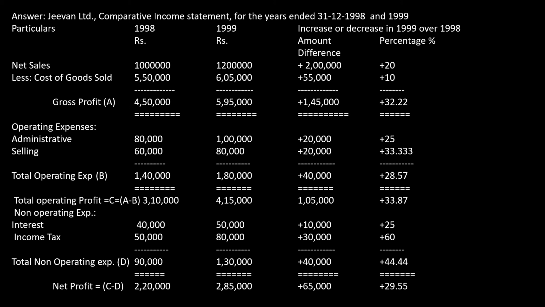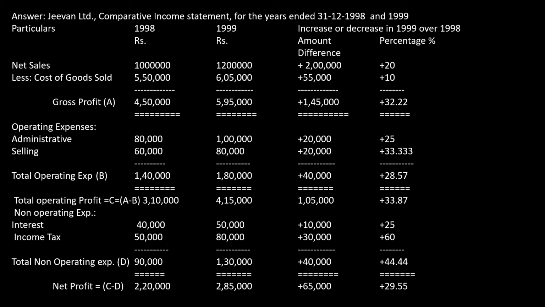Then I minus the non-operating expenses, and finally I get net profit. So it is nothing but the P&L done in a vertical form. The first 3 columns are just the repetition of the sum in a different form.